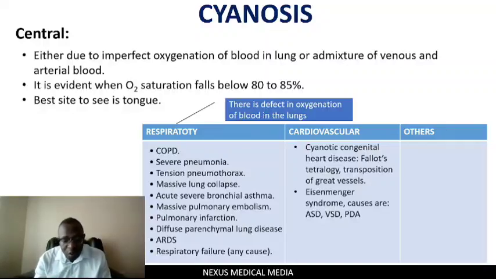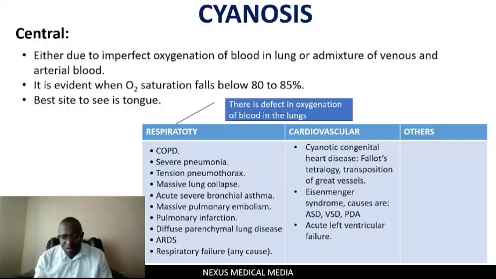The causes are atrial septal defect, ventricular septal defect, and patent ductus arteriosus. It can also occur in acute left ventricular failure. These are the cardiovascular causes of central cyanosis.